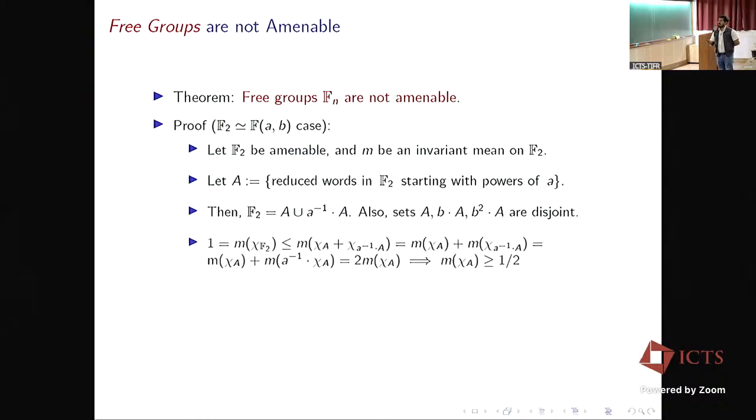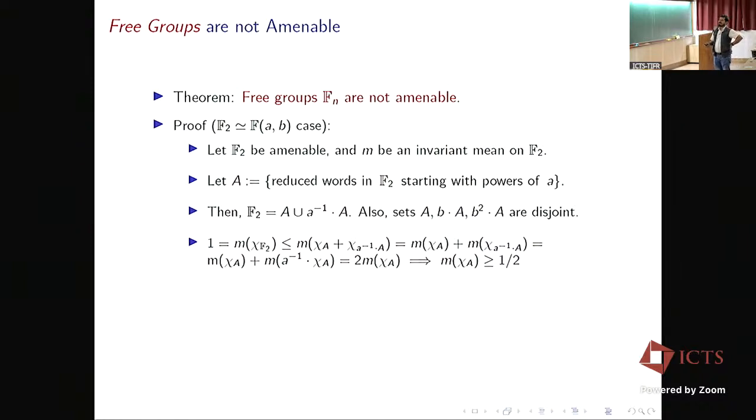Now, since we have assumed that there is an invariant mean on F2, if I start with the definition of mean, the mean of chi of F2, that is one at each point, would be less than or equal to the mean of the sum, because there could be points in the union which belong to both of these sets, so the sum could be 2 at points.